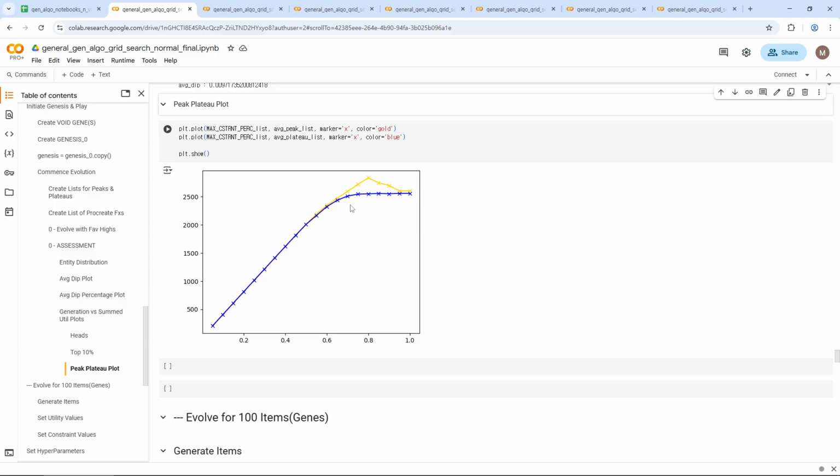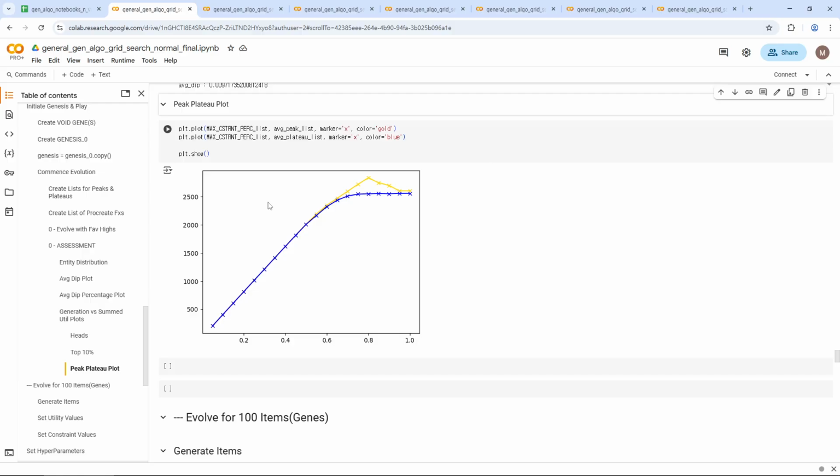Well, at least here we see that with 40 items, the average plateau level rises, and however the peak decreases, because again, as the maximum constraint percentage goes up, not many entities are struck out.